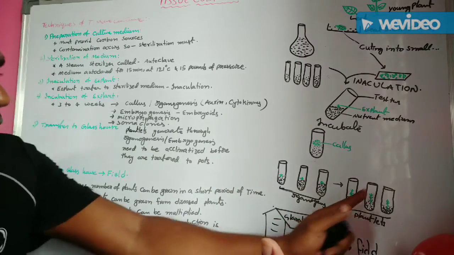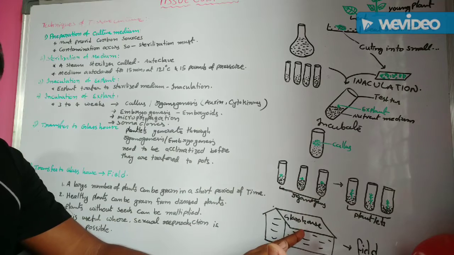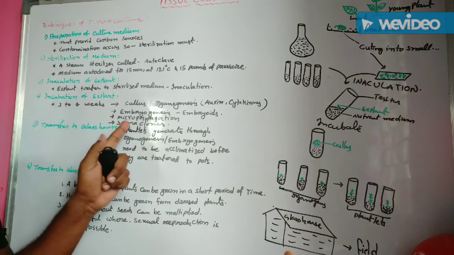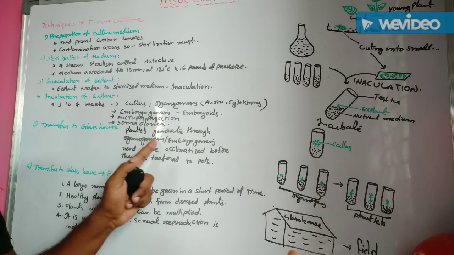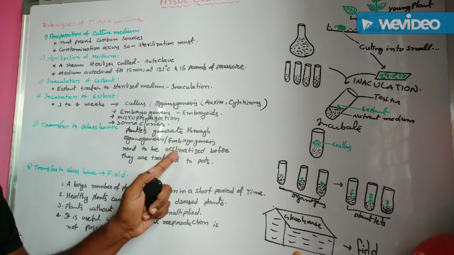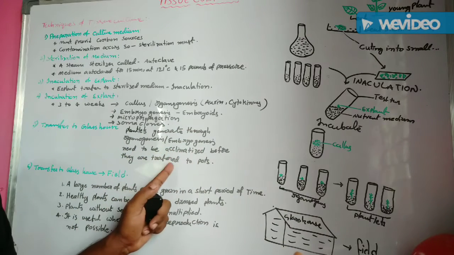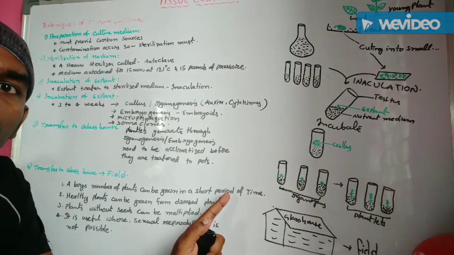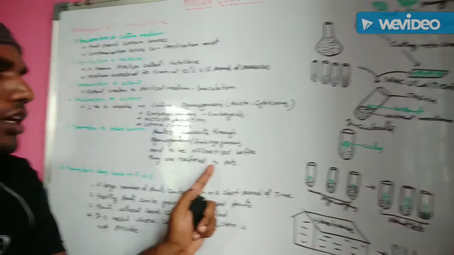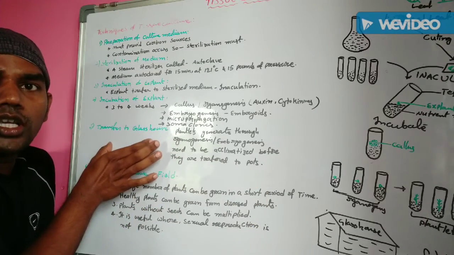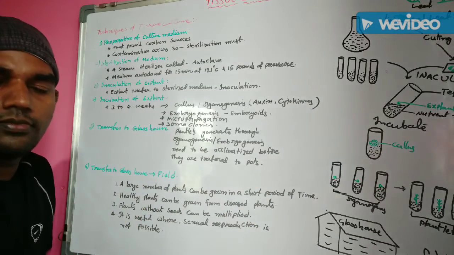And then these pots are transferred into a glass house. That means the plantlets generated through organogenesis or embryogenesis need to be acclimatized before they are transferred to pots. ఓకే, ఈ విధంగా పార్ట్స్లోకి మార్చే ముందు మనం వీటిని ఏం చేస్తామంటే ఒక గ్లాస్ హౌస్లోనికి మార్చడం జరుగుతుంది.